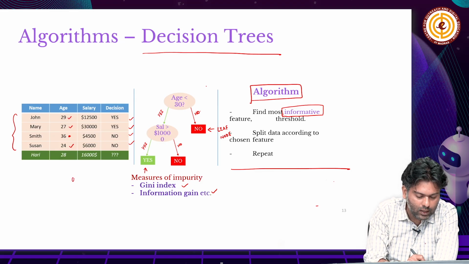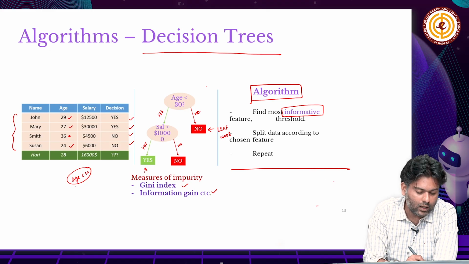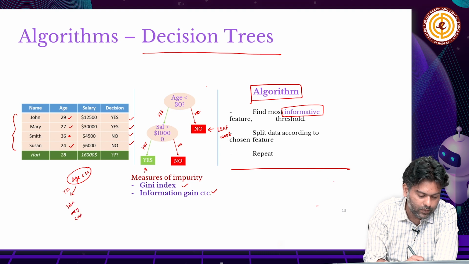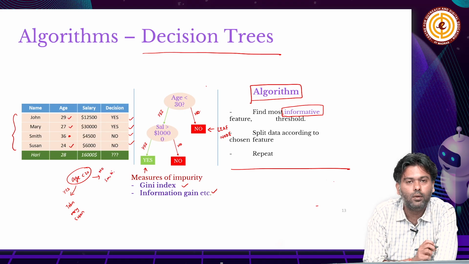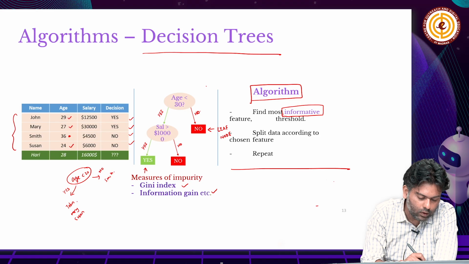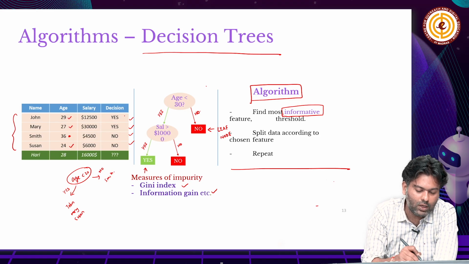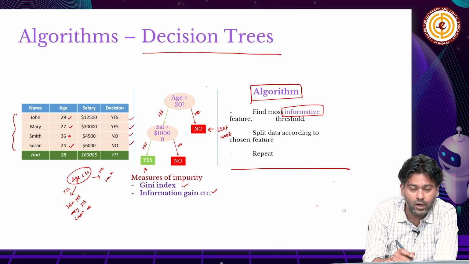So if I ask age less than 30 as a question to my training data, those who say yes would be John, Mary and Susan, and those who say no would be Smith, right? And now what is John's label? John's label is yes. Mary's label is yes. Susan's label is no. Susan did not pay back, whereas John and Mary did. What about Smith? Smith's label is no.